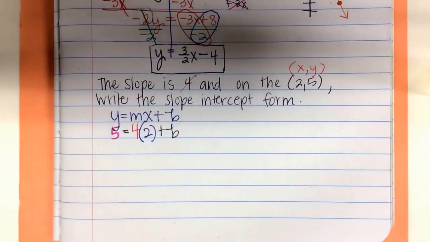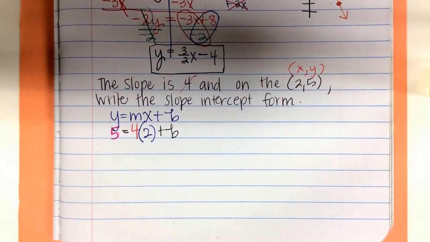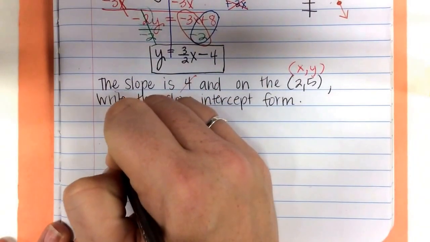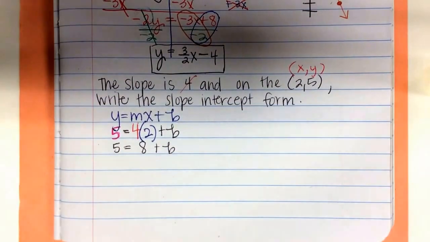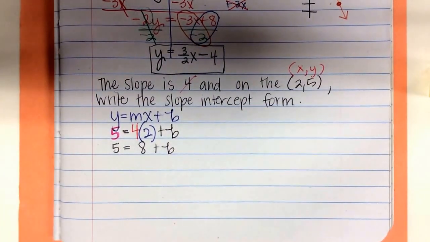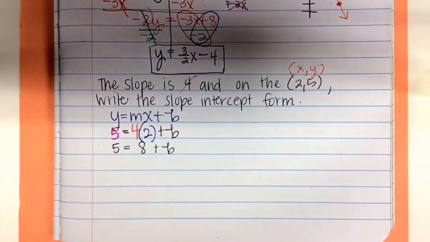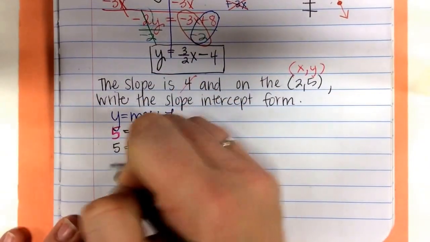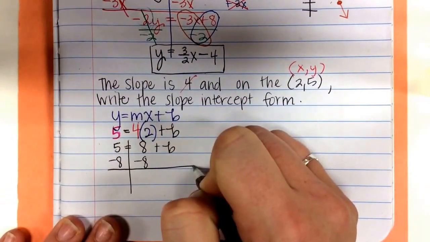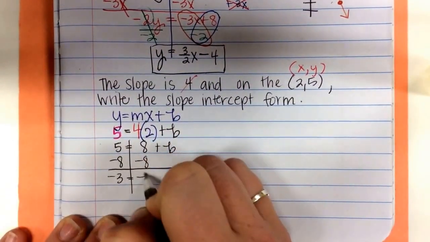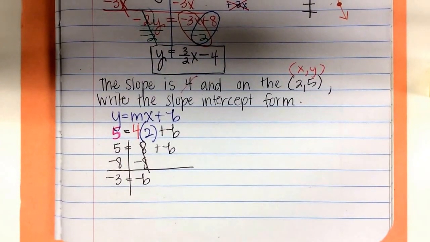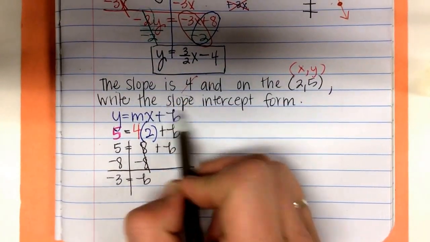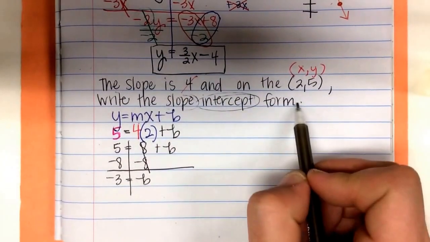All right, let's do some math. 5 equals 8 plus b. Minus 8. Negative 3 equals b. Now, can you write the slope intercept form?